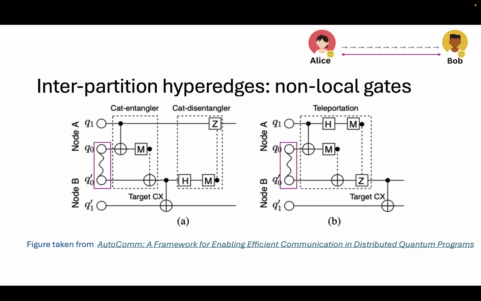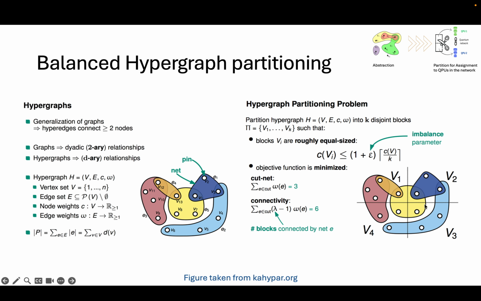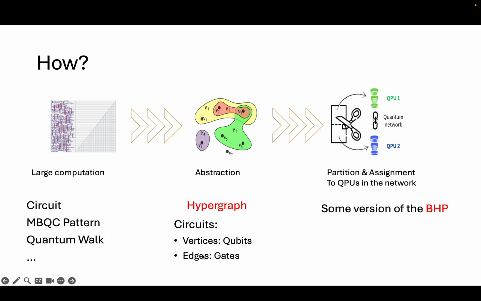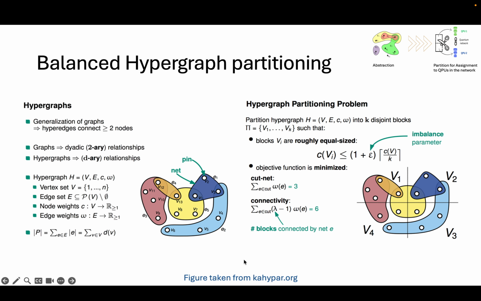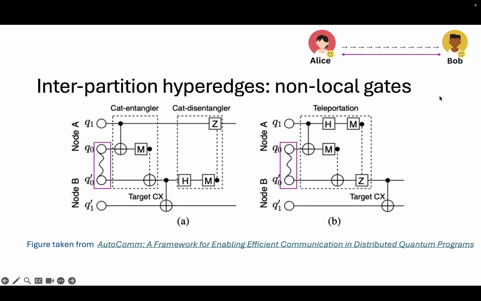Now, I said that we have different hyperedges that live between partitions. As we've said before, a hyperedge is equivalent to a gate. So what does it mean to have a cross-partition gate? Well, it means to have a non-local gate, so a gate that is living between 2 devices, Alice and Bob. Alice and Bob are, as I've said before, in the setting that I usually work in, connected via classical channel or quantum channel.